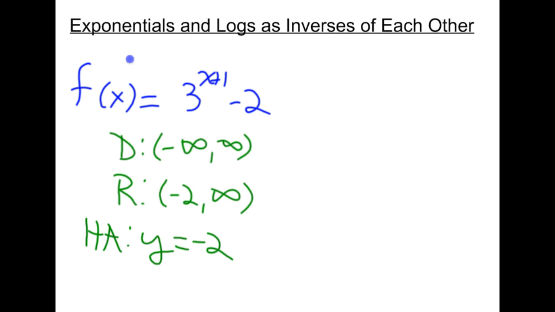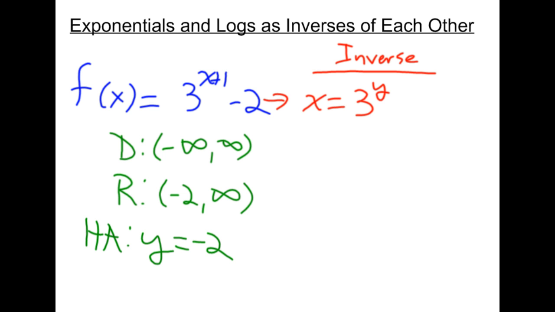Now, how would I find the inverse of this? In previous chapters, we said that to find an inverse, the very first thing we do is switch the letter x with the letter y in the equation. So in this problem, I would get x equals 3 to the y plus 1 minus 2.